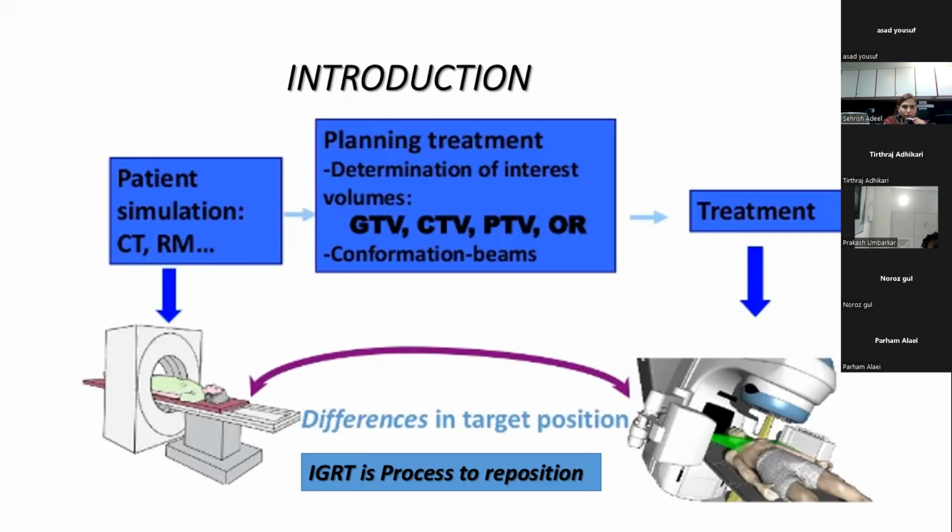The need for IGRT comes when we know that there could be a difference between the plan and the actual treatment delivery. So IGRT is a process to reposition the patient on the setup to minimize the errors.